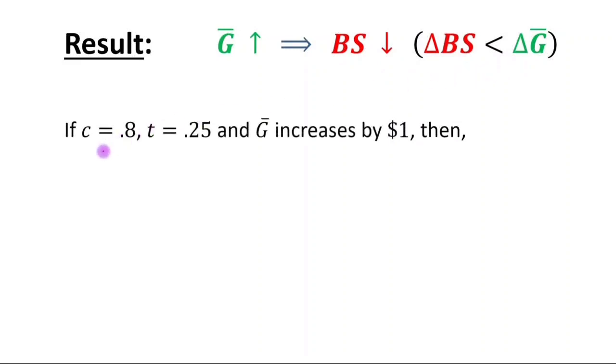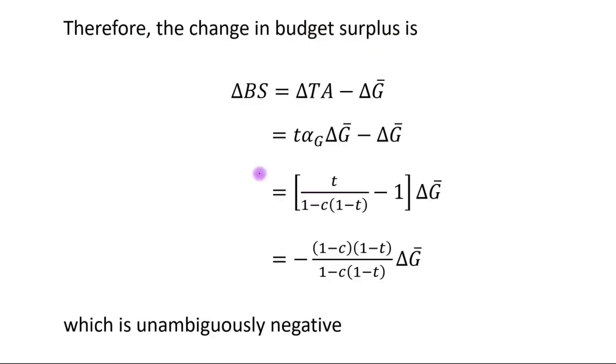If we take MPC 0.8, tax rate 2.5, and increase government expenditure by $1, then change in budget surplus is 0.375. You can calculate this using this formula.